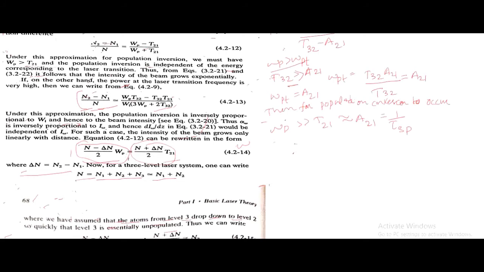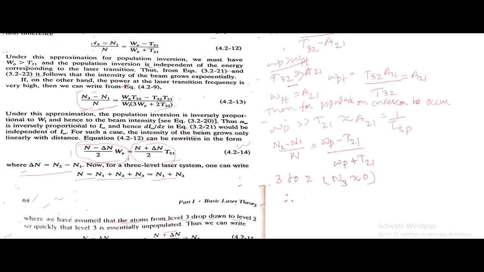From equation 12 it is written that (N2 minus N1) by N equals (WP minus T21) by (WP plus T21). Since for a 3-level laser system the atoms from level 3 drop down to level 2 so quickly that level 3 is essentially unpopulated, which means N3 is nearly equal to 0.